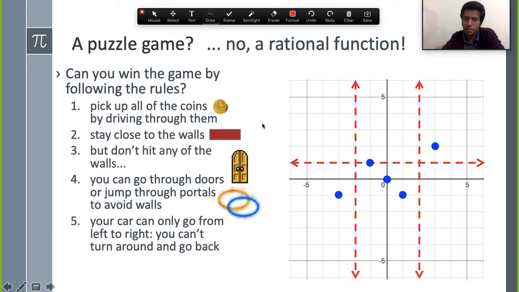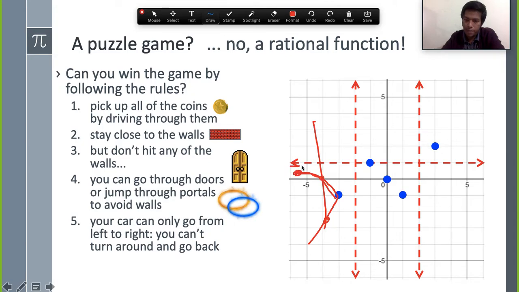Suppose, let's say, just to give you an example, if you go there and if you come here, then it is not a function anymore, because if you draw a vertical line, this vertical line crosses here and here, so it violates the definition of a function. So that's why the car cannot do this kind of thing. As long as it does not violate the definition of a function, then it's fine. So that's why it cannot come back here.